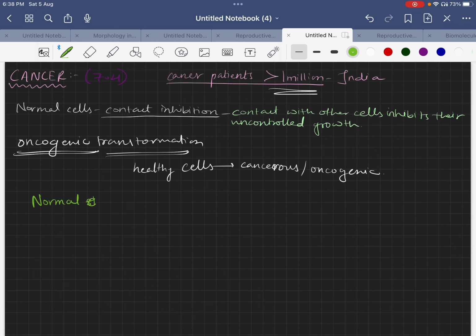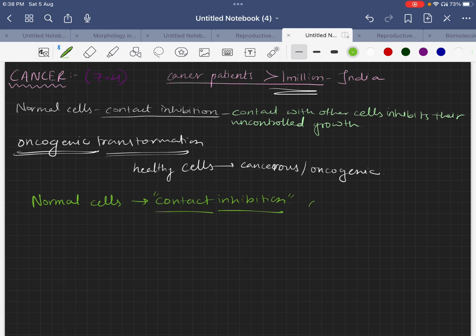Okay, normal cells show contact inhibition. You can kind of get the idea based on its name. Contact inhibition is a property shown by normal cells by virtue of which contact with other cells inhibits uncontrolled growth.